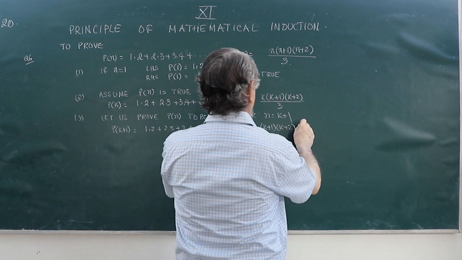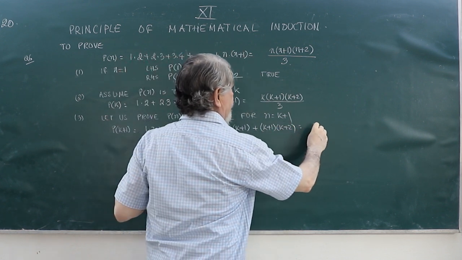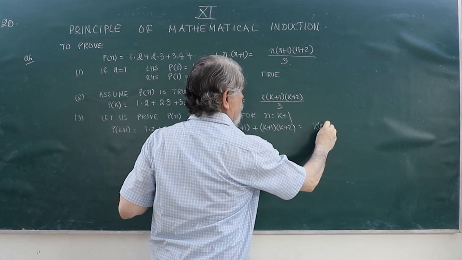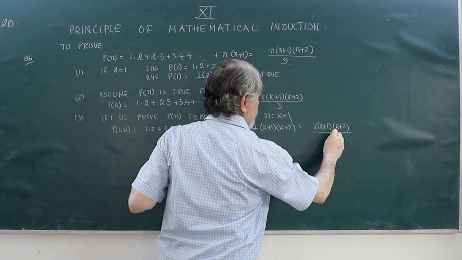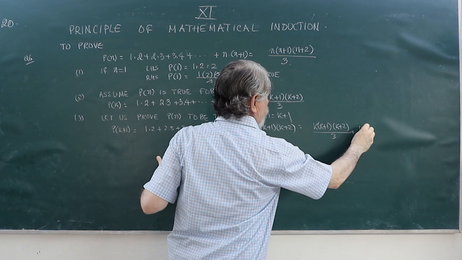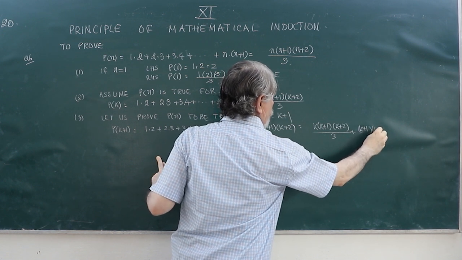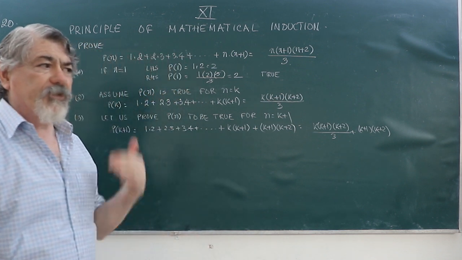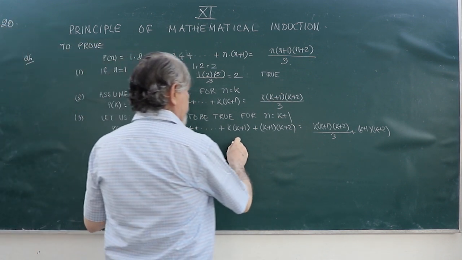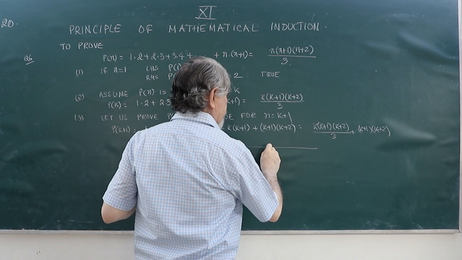Now it is equal to what? It will be equal to k into k plus 1, k plus 2 upon 3, and then k plus 1, k plus 2. I would suggest take LCM because we forget sometimes. So let us take the LCM. Let's take 3 as the LCM.